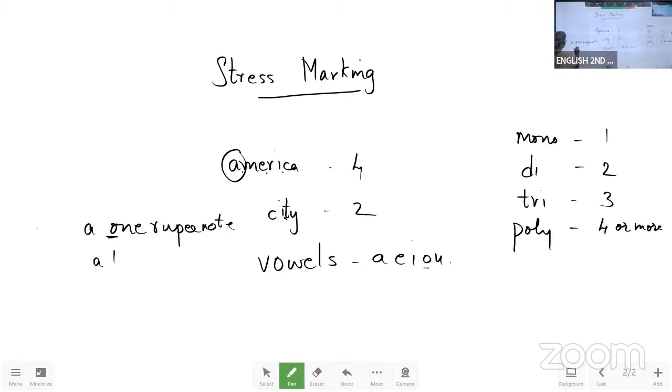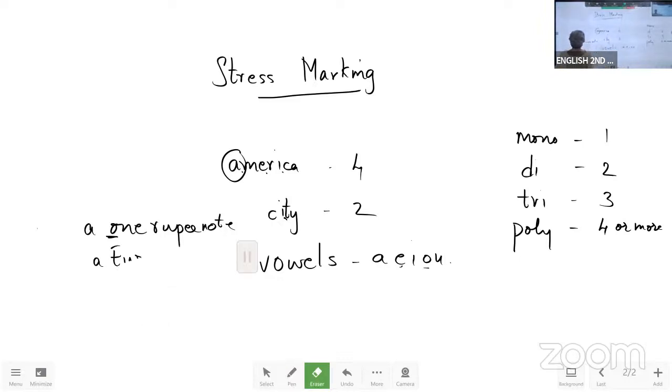Likewise, a European. Again, E is a vowel, but the sound is a consonant sound. But you write an honest man, an heir. If you see here, H is silent, and that's why you get a vowel sound. So when we talk of vowels, don't say A, E, I, O, U, but the sound produced by A, E, I, O, U. So if you know the syllables, stress marking should be easier.